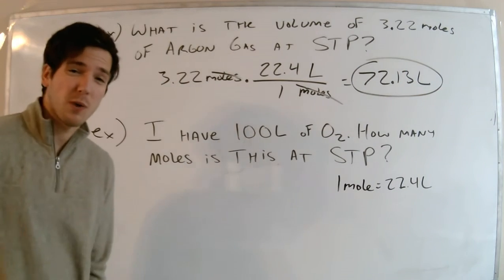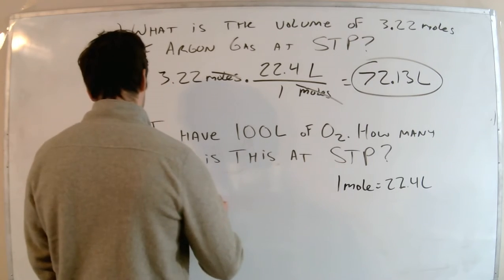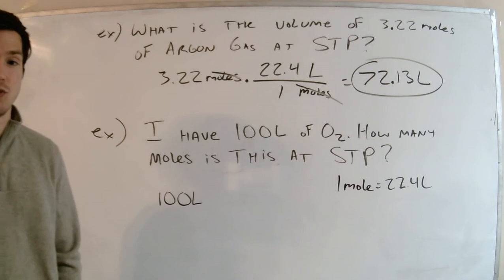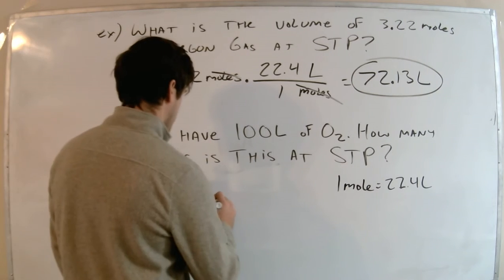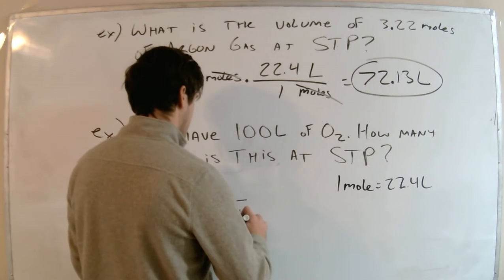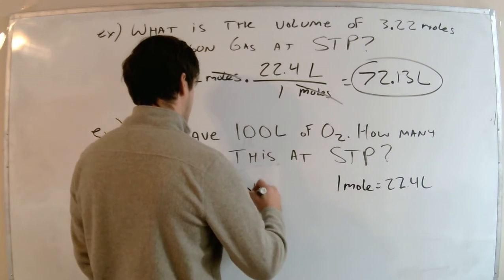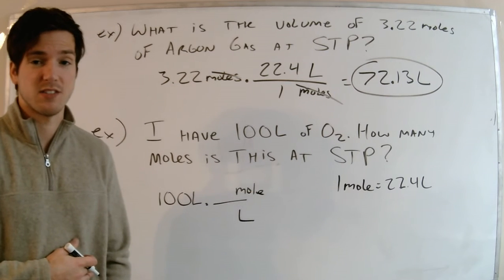Well, we start with what I'm given, which is 100 liters. And remember, I'm trying to get to moles. So all I'm going to do is multiplication dot fraction bar. I'll put liters on bottom so they cancel out. I'll put moles on top because that's what I want. I have a straight conversion from moles to liters at STP.